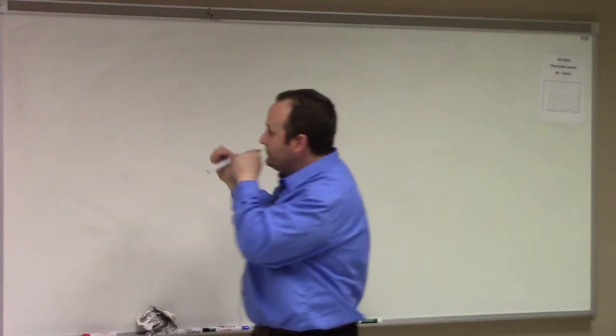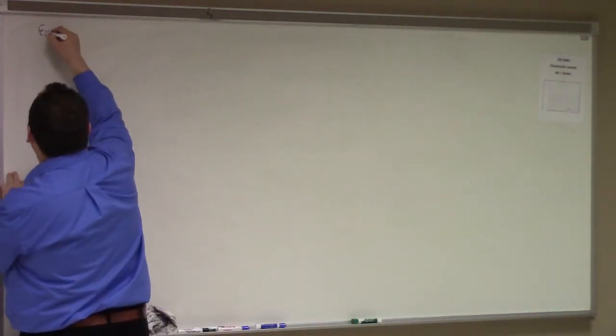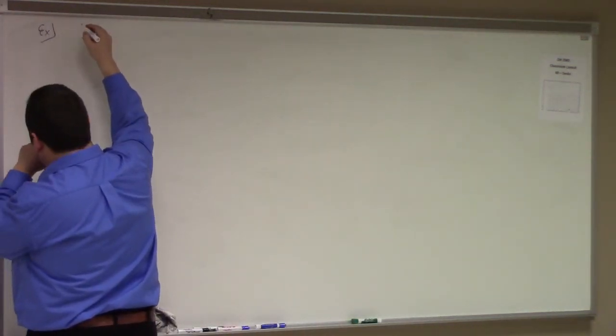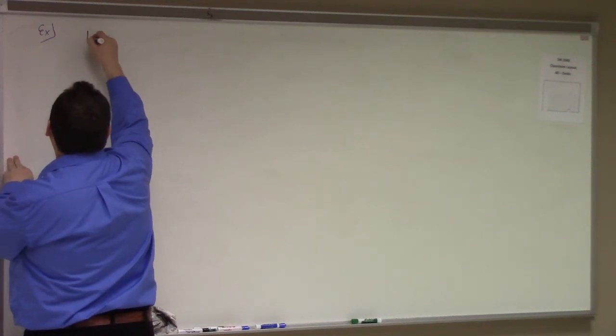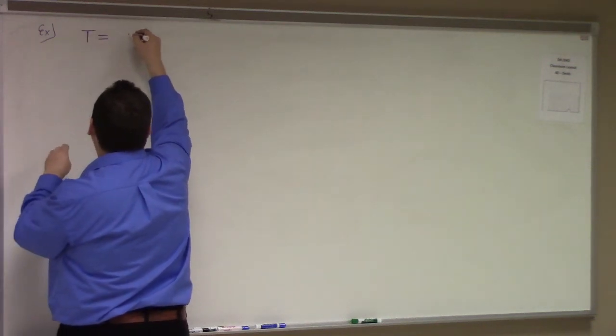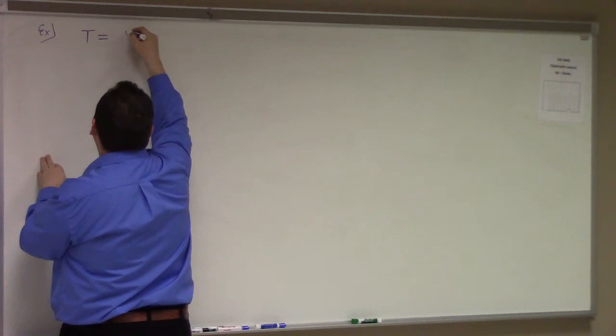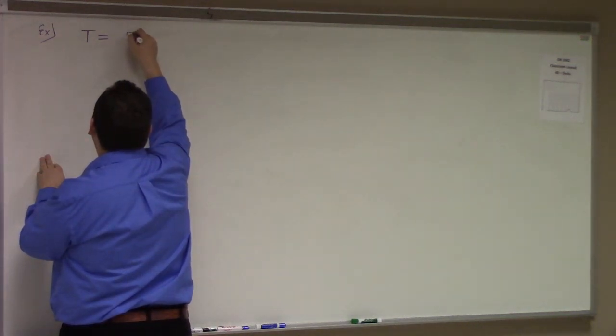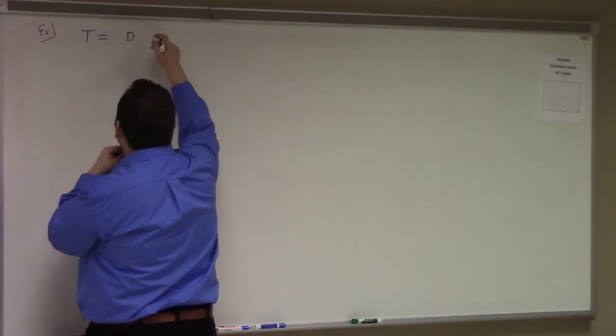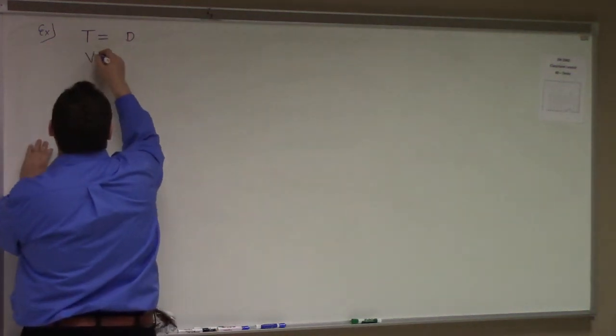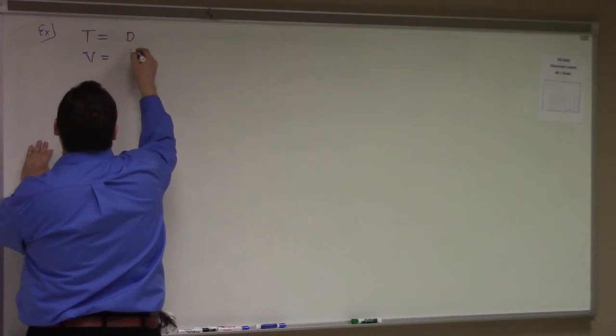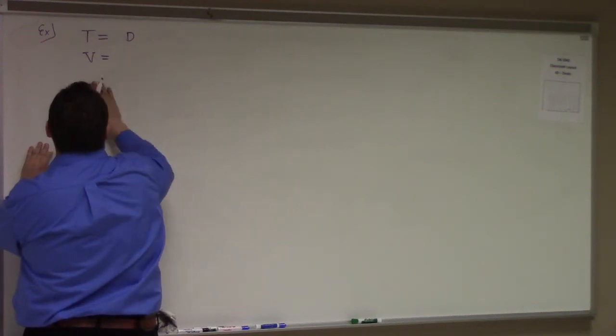Okay, so let me see if I can actually work an example here. How about this? T equals... let's look at differentiation, and let's look at our vector space being, I don't know, what is it?